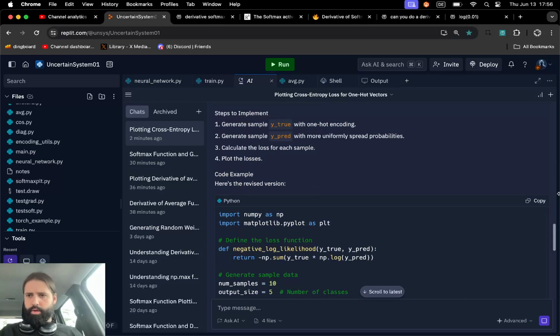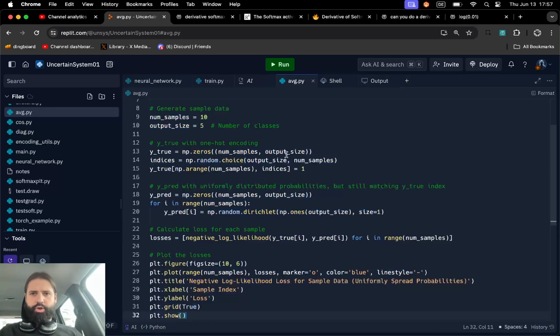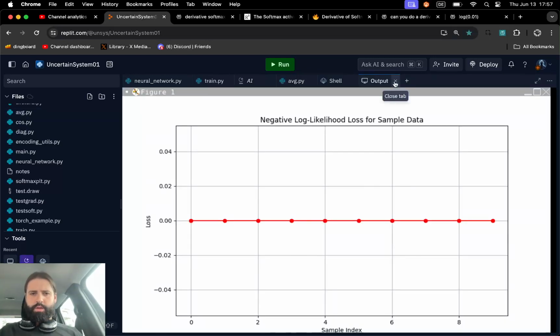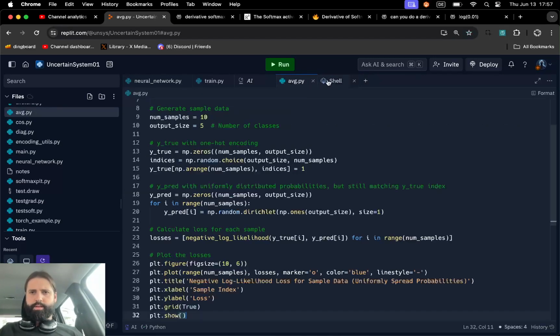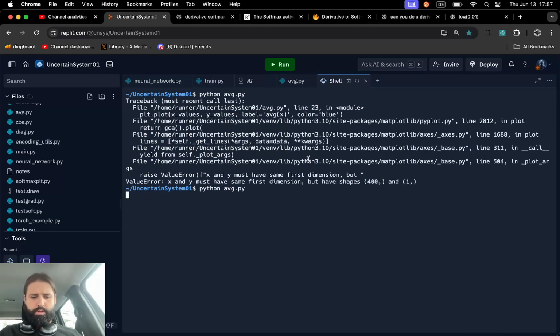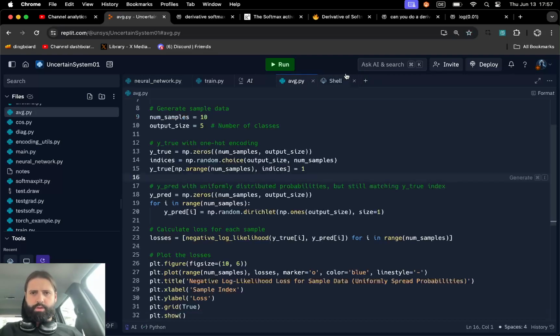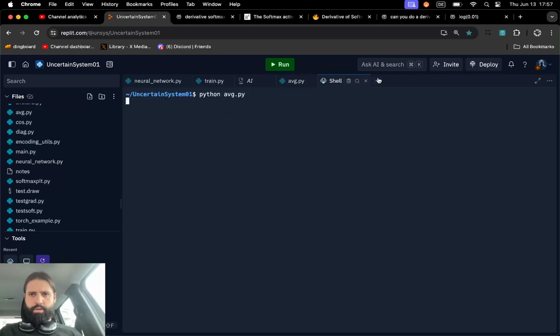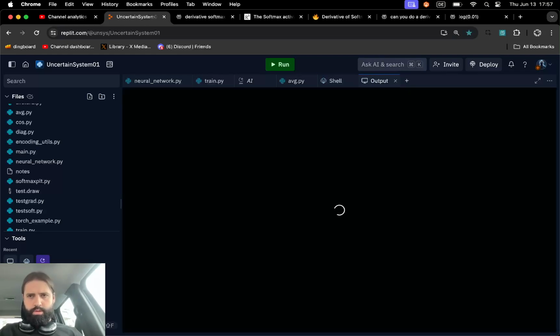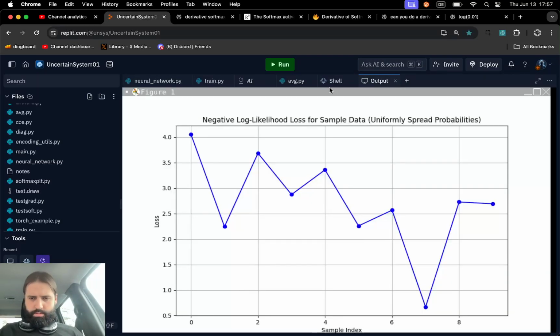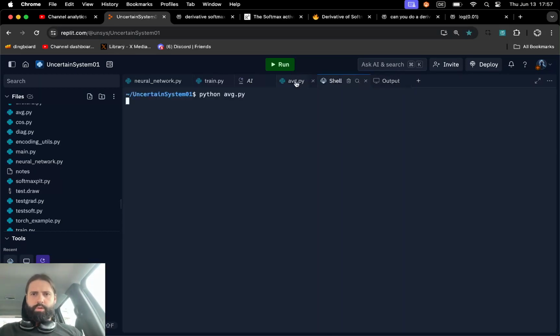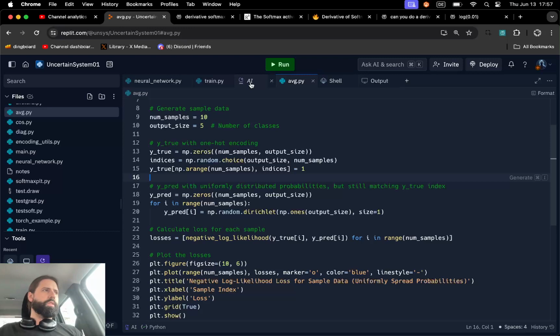Okay, so now it does this. And if my theory is correct, that should give me something that is not flat, actually. I think really that's what's happening. Yeah, I think we got it. I think that's the reason.